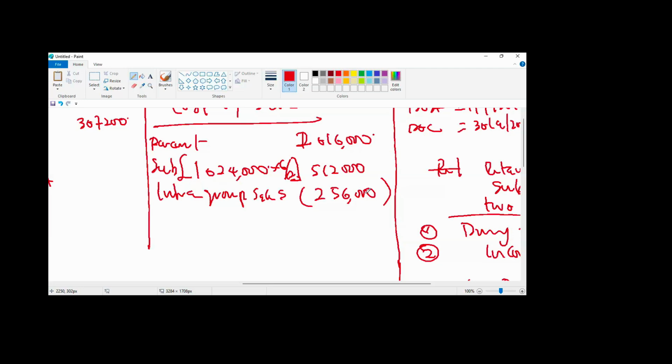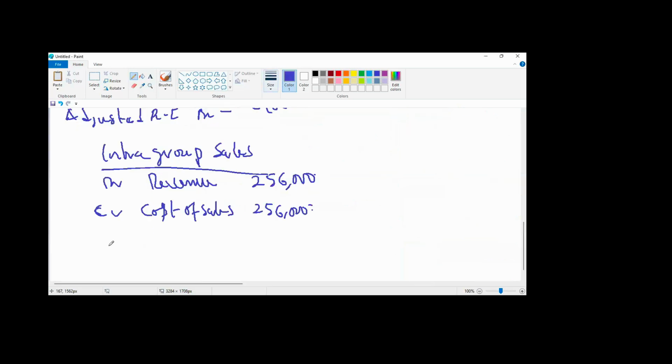Because it's a markup, is there any unsold? What is the total sales? It's 256.